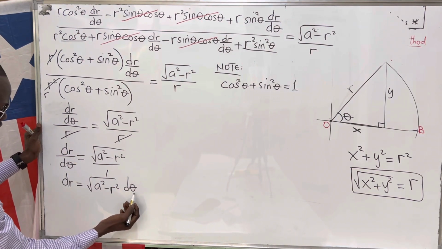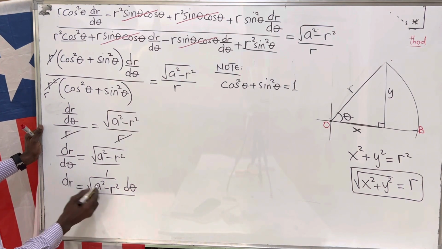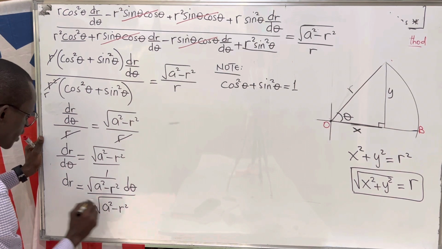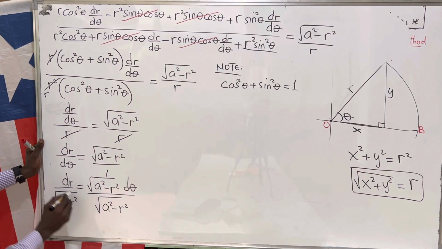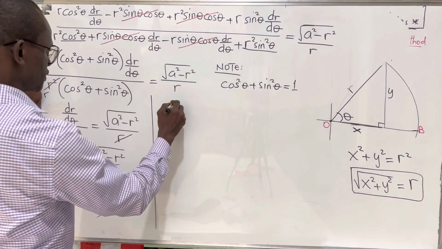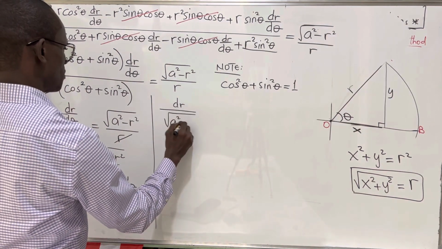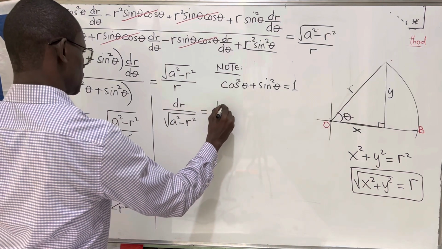Because this is d theta, we need only theta in this expression. We don't need r. So we can divide both sides by the root of a square minus r square. So this and this cancel. So we're now left with dr all over the root of a square minus r square equals d theta.